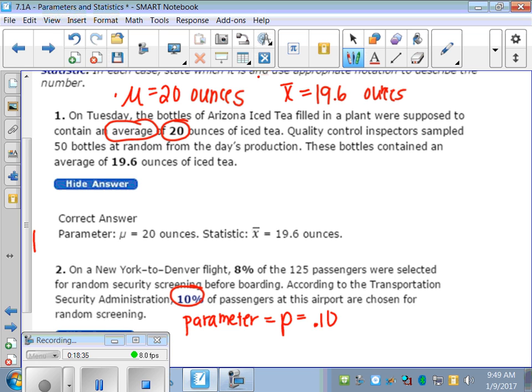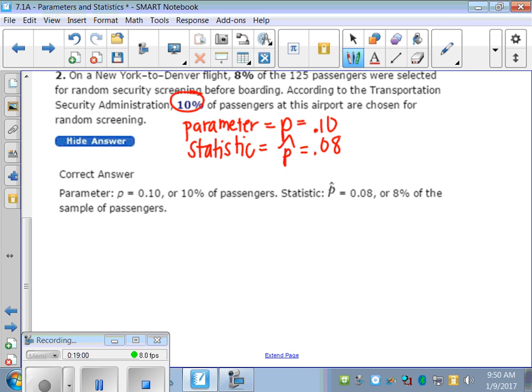Okay, and then the 8% is called a statistic. And the reason we use P is because this is a decimal, right? And so our statistic, you got to know, is P hat. And what is that value, you guys? 0.08. All right, because it's from the sample, and the statistic comes from the sample. Do you guys have any questions?